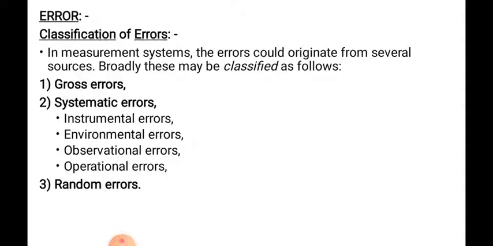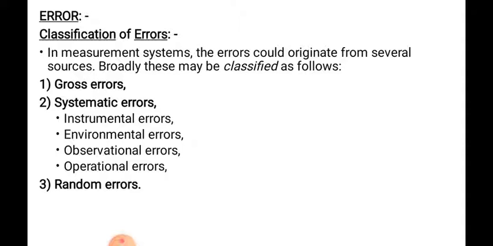Then we will study the different errors, the classification of errors. In a measurement system, the errors could originate from several sources. Whatever static as well as dynamic characteristics we have studied in the instrument may arise from several sources.